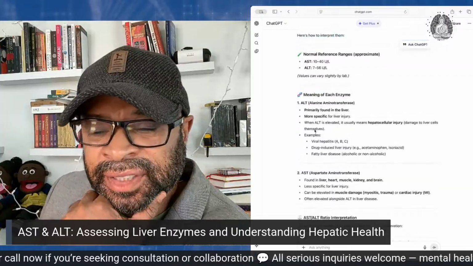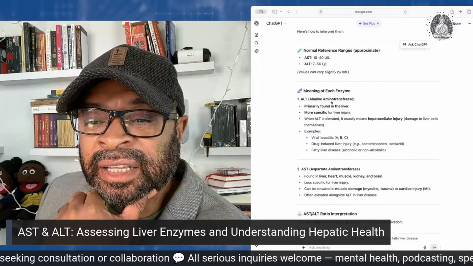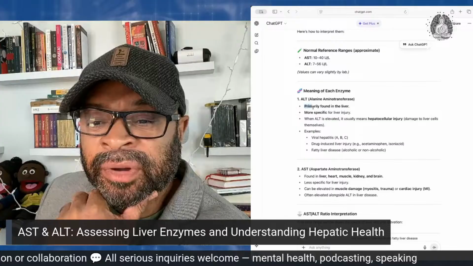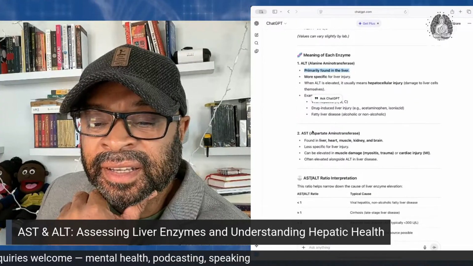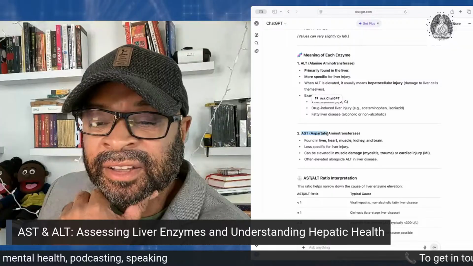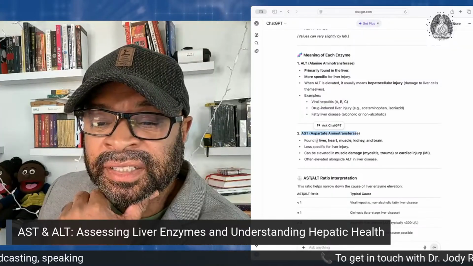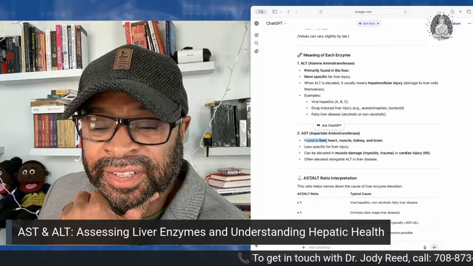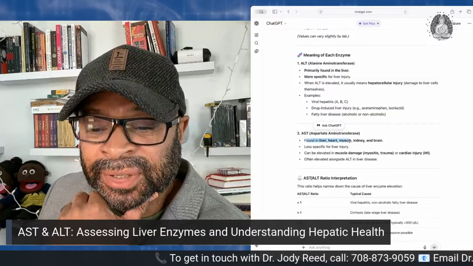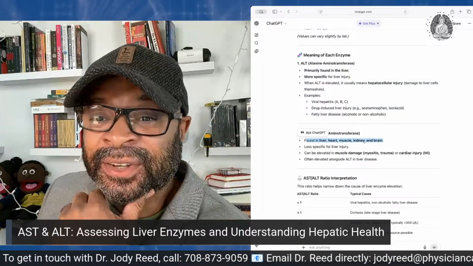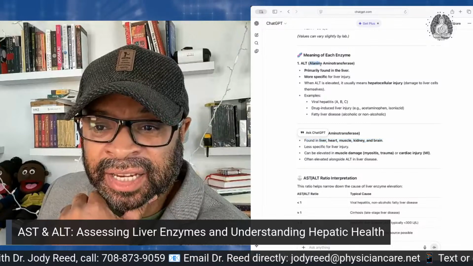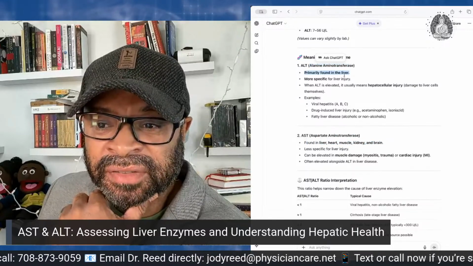ALT, alanine aminotransferase, is primarily found in the liver. Now look at this: AST, aspartate aminotransferase, is found in the heart, the liver, the muscle, the kidney, and the brain. So ALT is specifically for the liver.